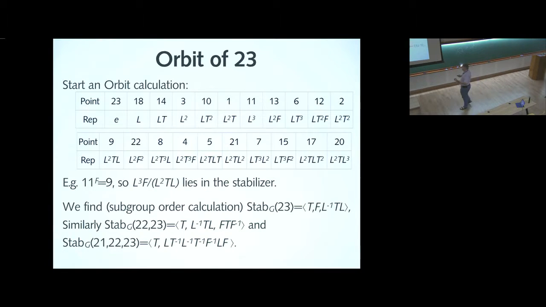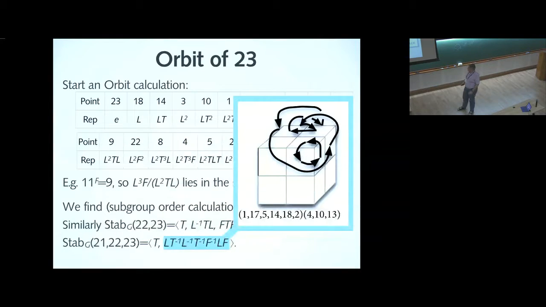And if I iterate this, I find elements which generate the stabilizer, similarly 2 or 3 point stabilizers. And if I actually look at what these elements do and how they behave, I can see I get this way as Schreier generators relatively short words which do certain things on the cube.